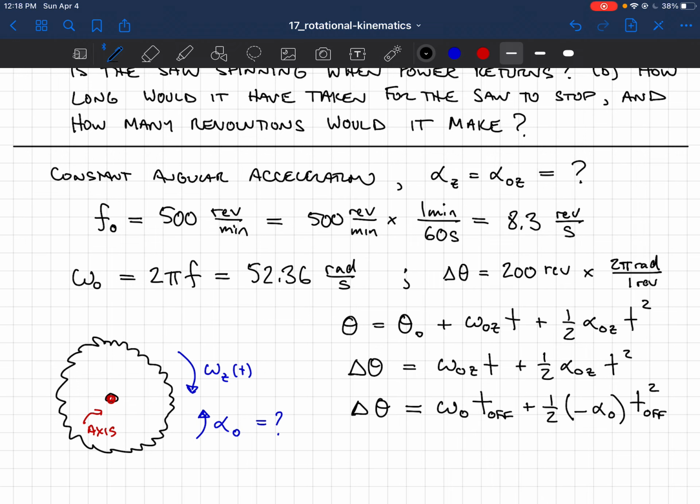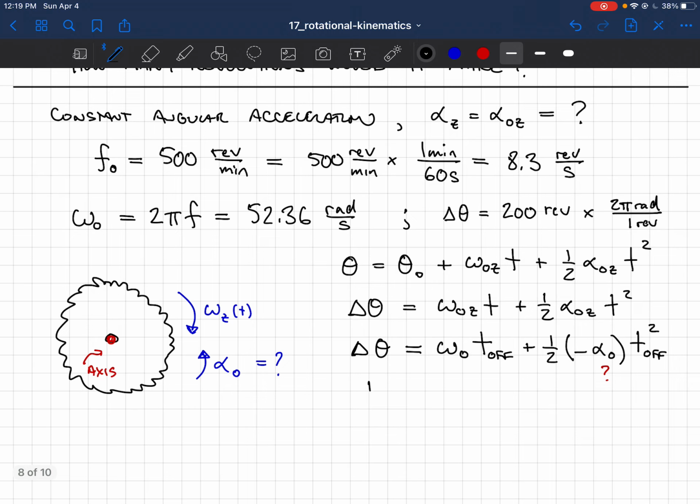So there's my equation. What is unknown here? Well, I don't know what alpha is, but I do know what everything else is. So I should be able to solve for alpha. So let's do that.